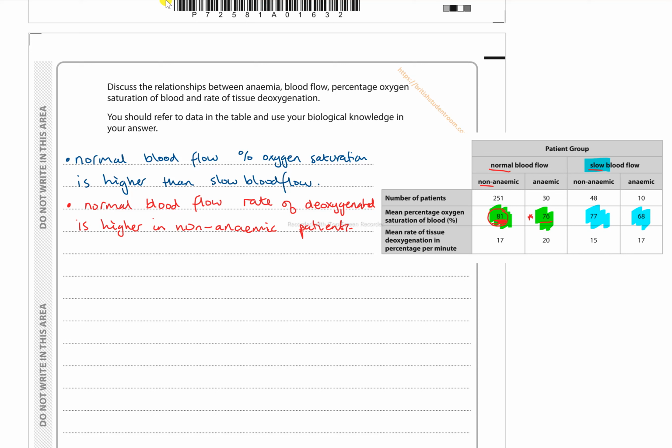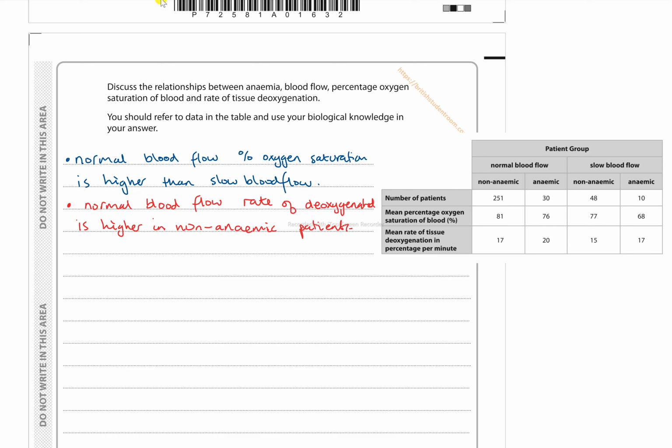Right, what else can we spot? Let's have a look. Percentage oxygen saturation is lower in anemic blood, in normal and slow blood. What they're saying is this, so just look at this for a second.